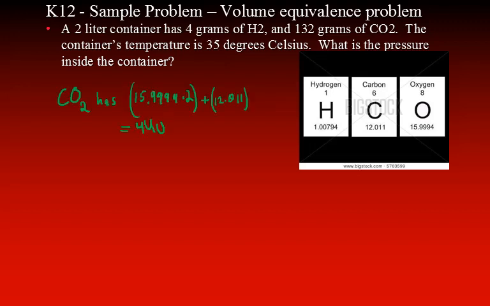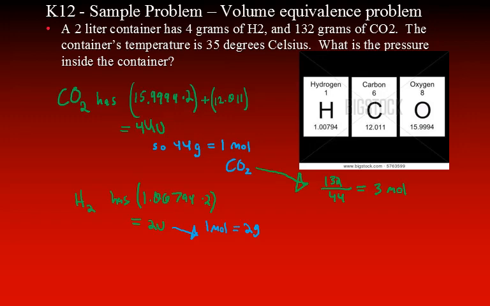Okay, so CO2 is 44 u, so 44 grams for 1 mole of it. H2 has 1.00794 times 2, so 2 u. So therefore, 1 mole of that gas has 2 grams. So we know we have 132 grams of CO2.